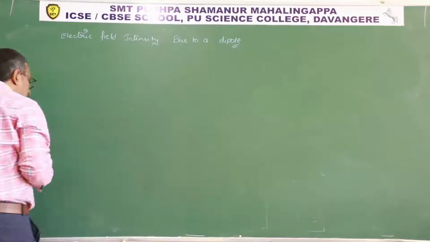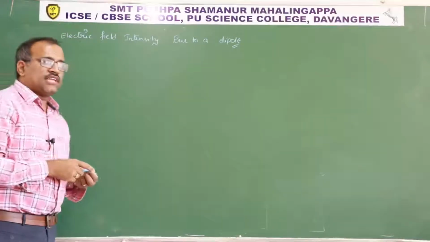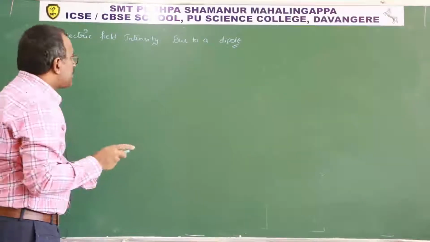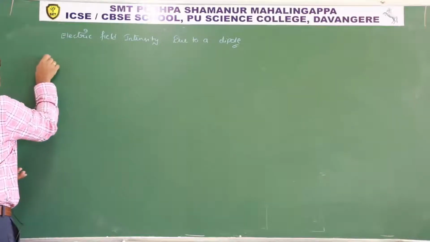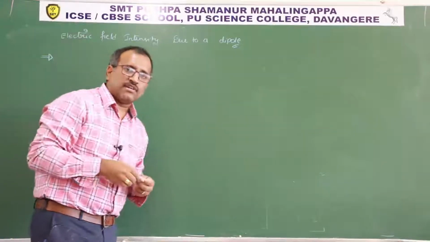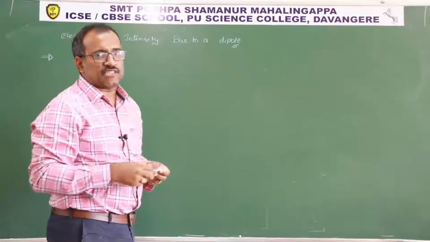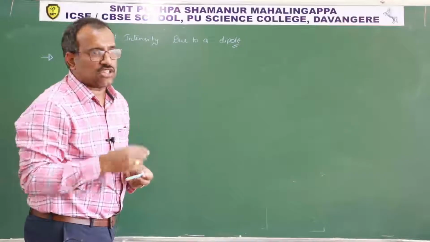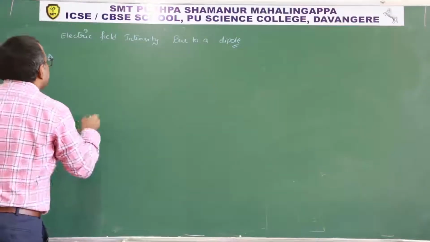So here there are three general cases. The first case, in your board level, these are very important, but we are discussing competitive level, but still let me discuss at least the formulas and the concept. So listen carefully.